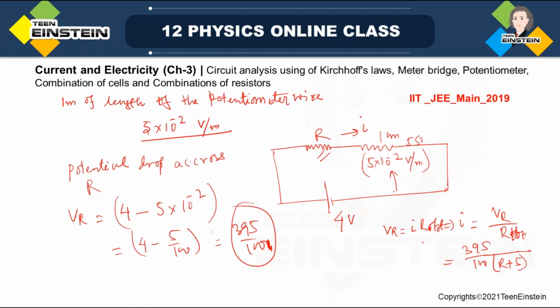This is the total current, right? So now what is VR equal to?